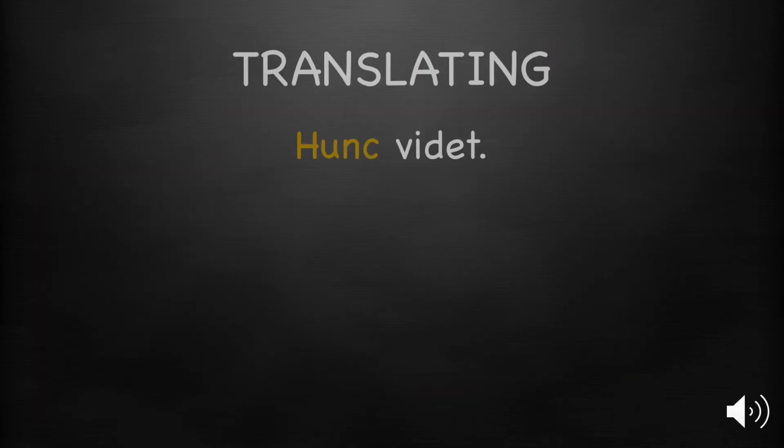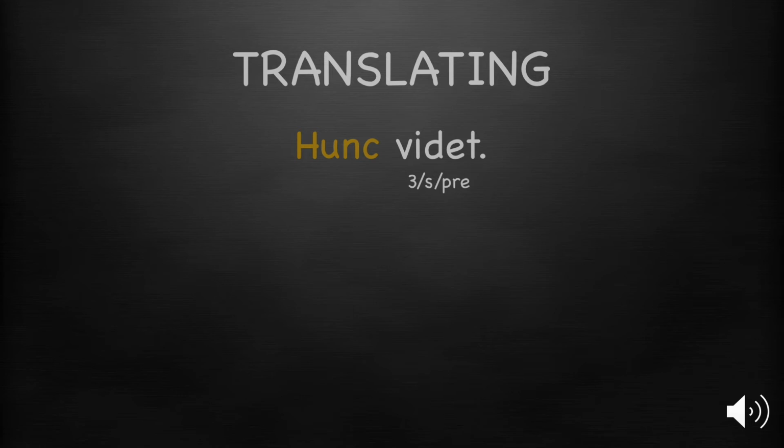Now, when we're translating the demonstratives, we will translate sentences with demonstratives following the same steps that we always follow. First, we'll find our verb, videt, and we will parse that verb. Videt is third person singular present tense, so it's translated as he, she, sees.